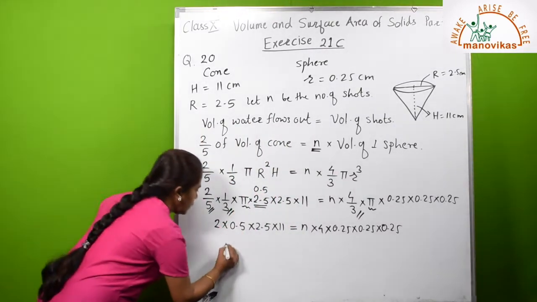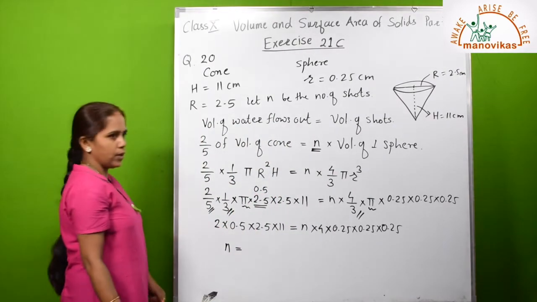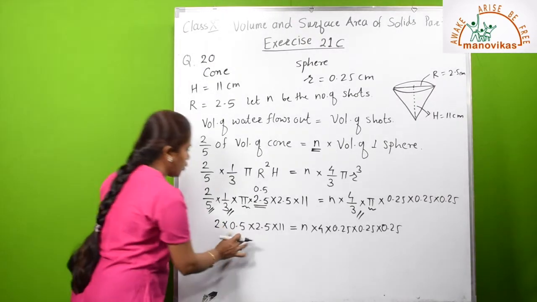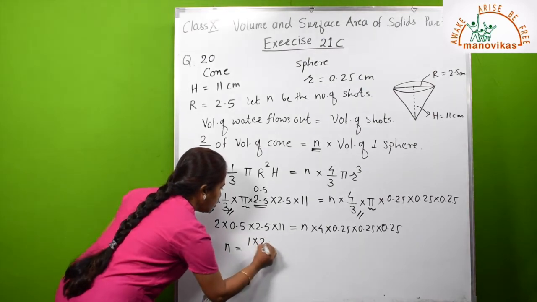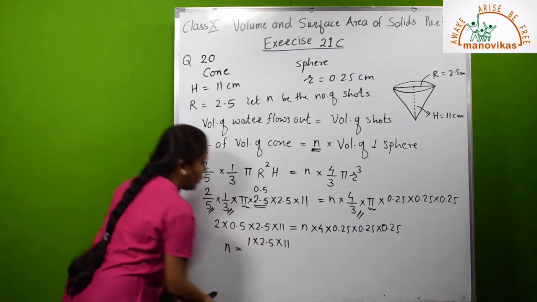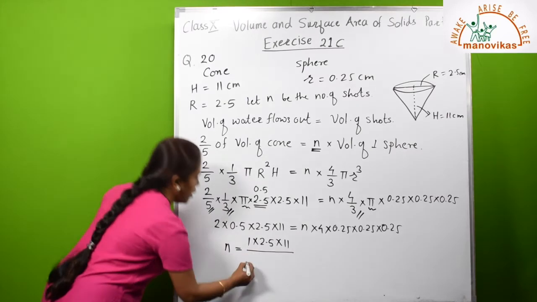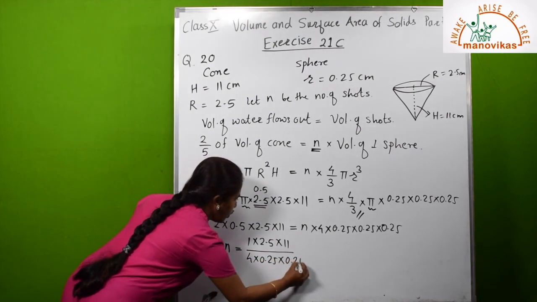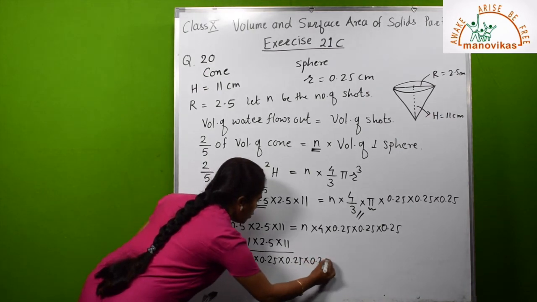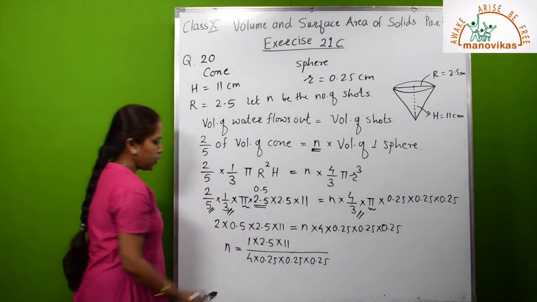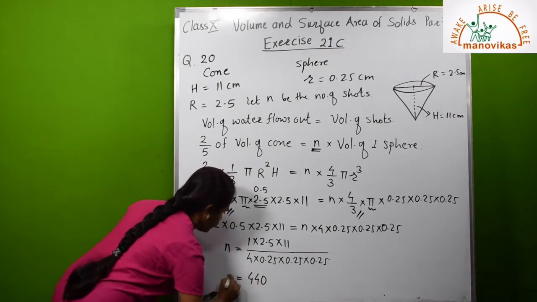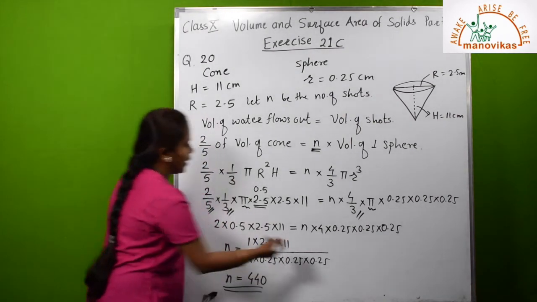Okay, so what will be the n value? N is equal to, this 2 5s again you can write 1, so 1 into 2.5 into 11 divided by 4 into 0.25 into 0.25 into 0.25. So n value you get 440 here after the calculation.